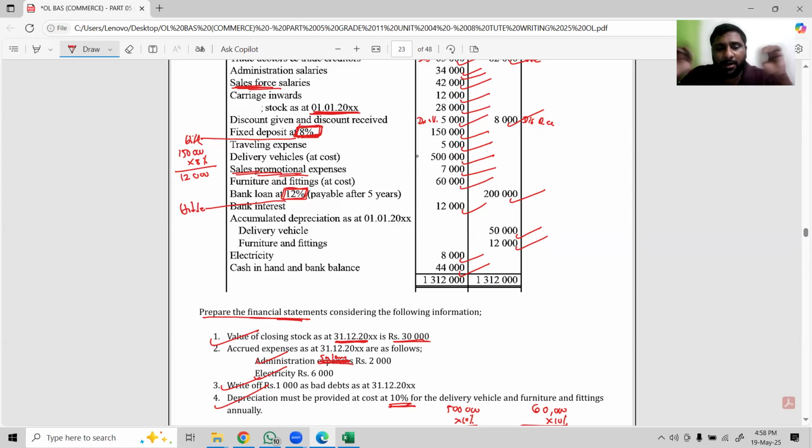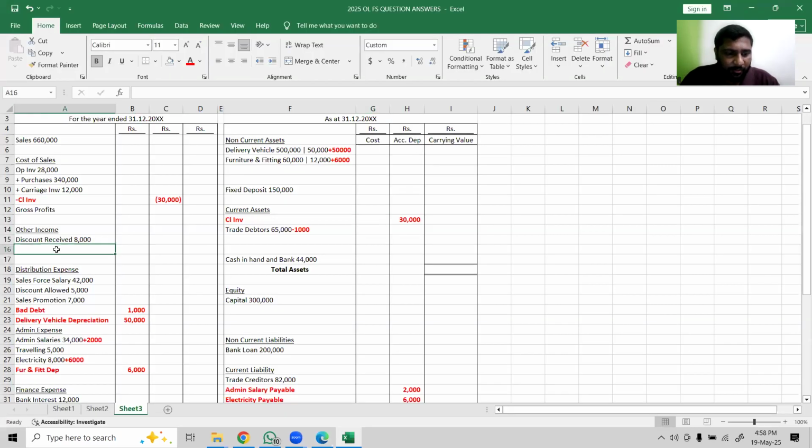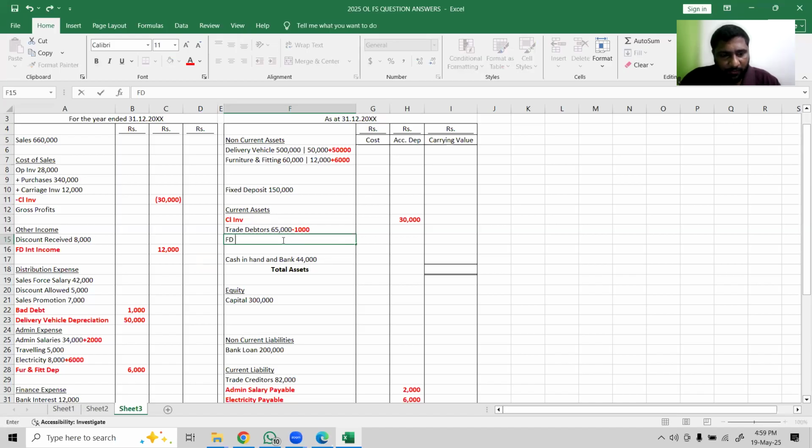That interest income is not yet received. So we'll go to the other income. FD interest income, 12,000. One place. The other place is, since it is not yet received, a receivable, a current asset for us.